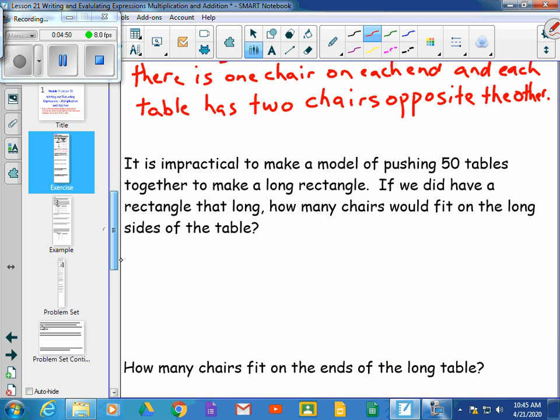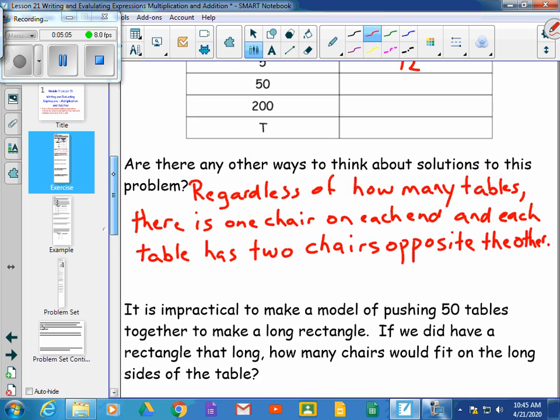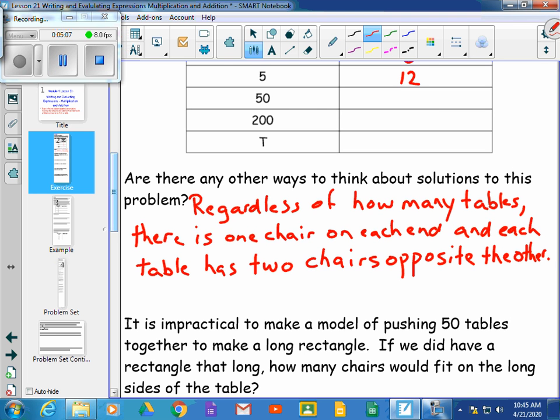Now, it's impractical to make a model of pushing 50 tables together to make a long rectangle. If we did have a rectangle that long, how many chairs would fit along the sides of the table? Based upon what we just said, for every table there's 2 people on opposite sides, and then there's 1 on each end.